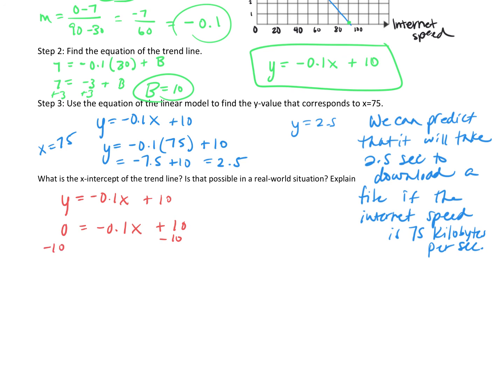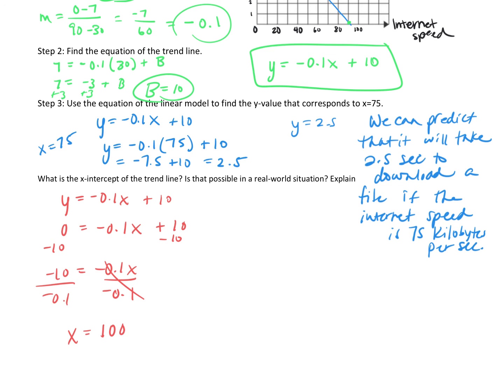We'll subtract 10 from both sides. So negative 10 equals negative 0.1x. That negative 0.1 is being multiplied by x, so let's divide both sides by a negative 0.1. So x is equal to a positive 100.